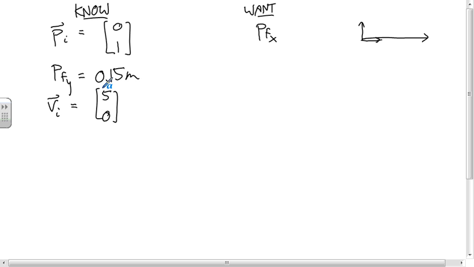Do we know anything about the final velocity? Nope. Do we know anything about the acceleration? That's right, in the y direction, and then in the x direction, it's always 0. So 0, negative 9.81. And then what about t final?